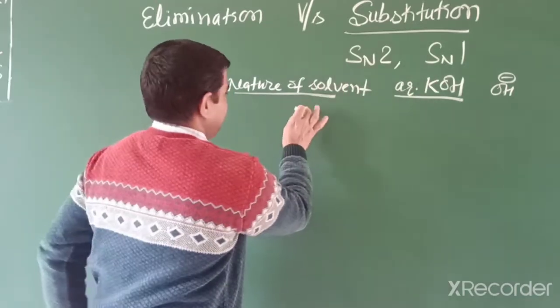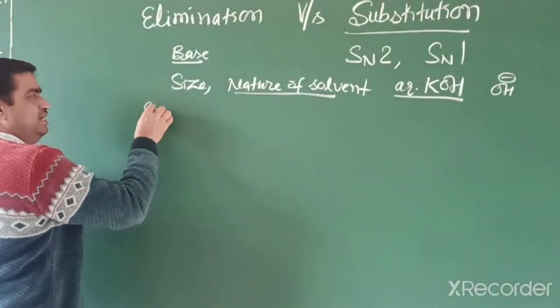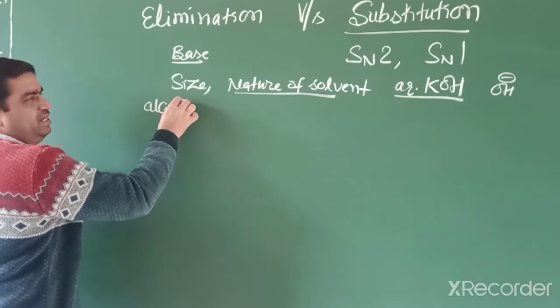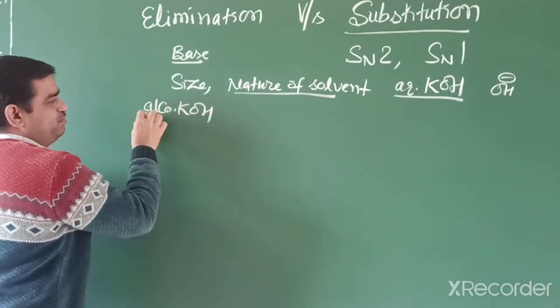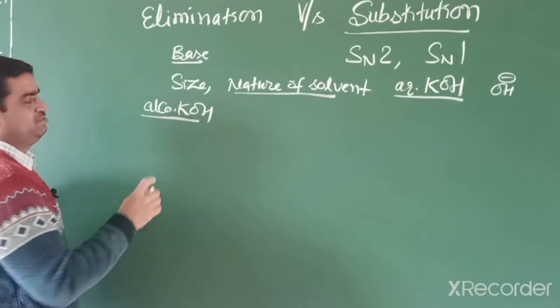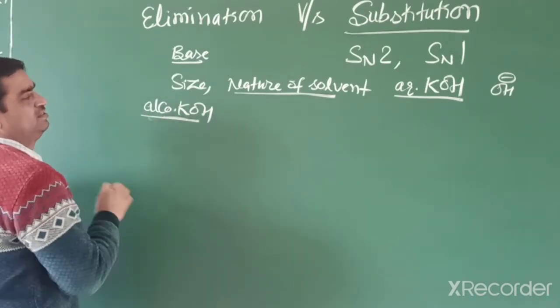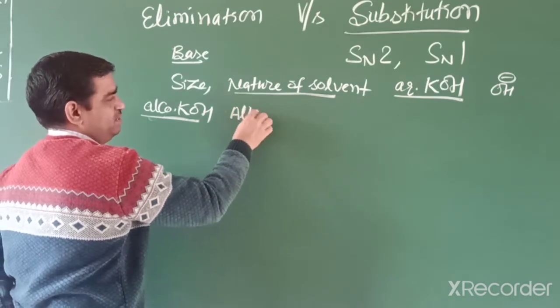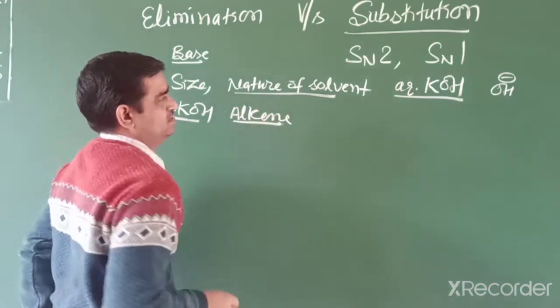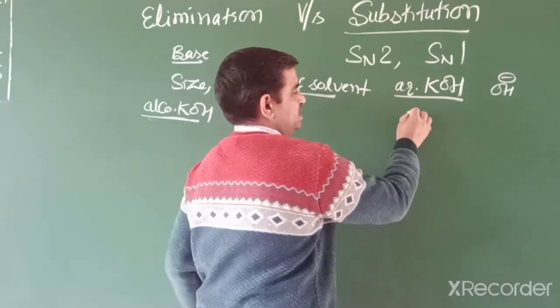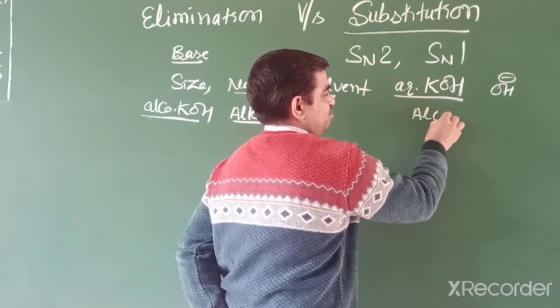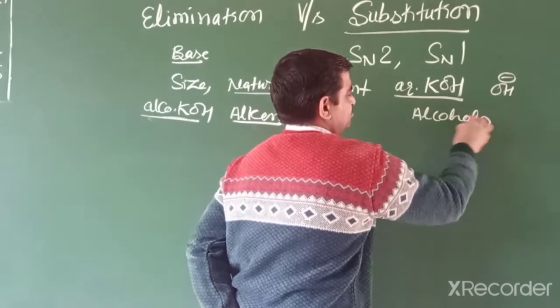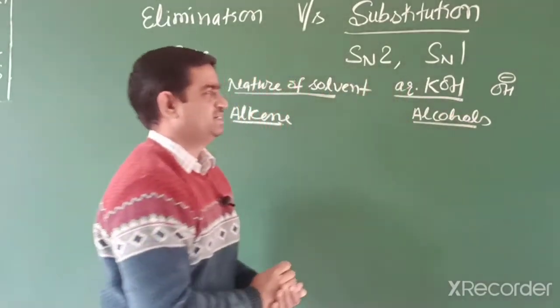But if we use alcoholic KOH, then the product is from elimination, meaning the major product is an alkene. So the compound converts to the major product alkenes, and in the aqueous reaction we get the major product alcohols when alkyl halide reacts.